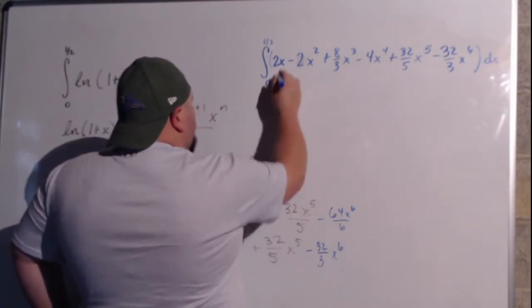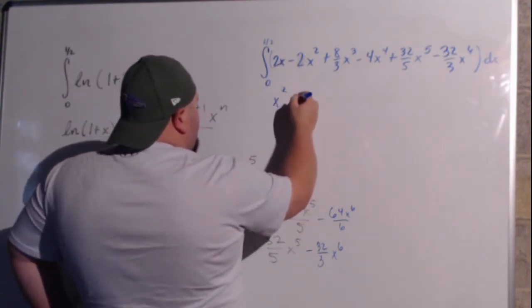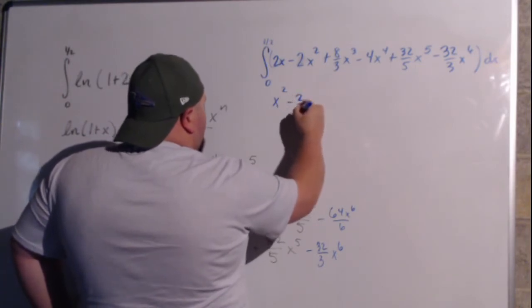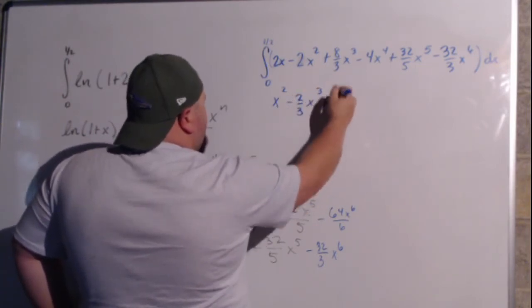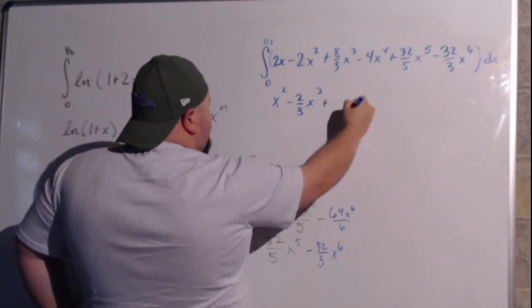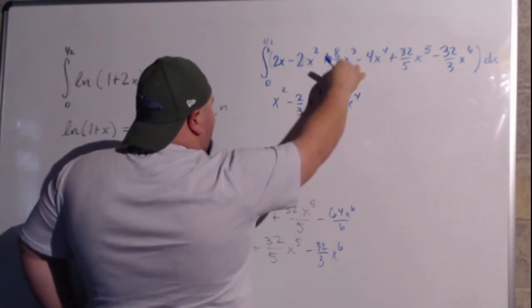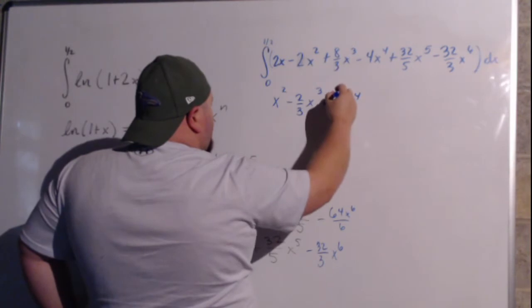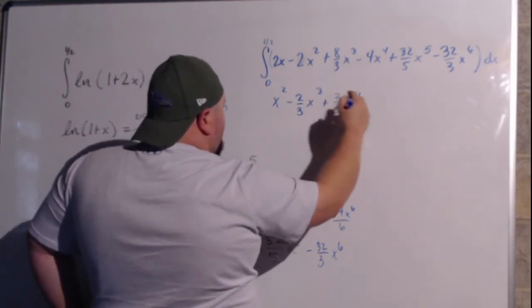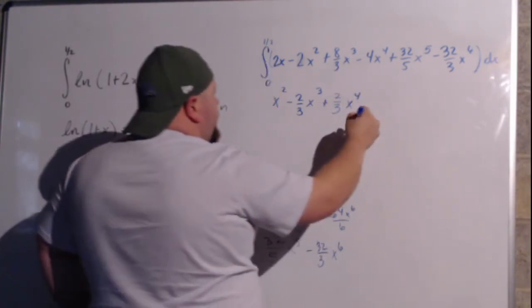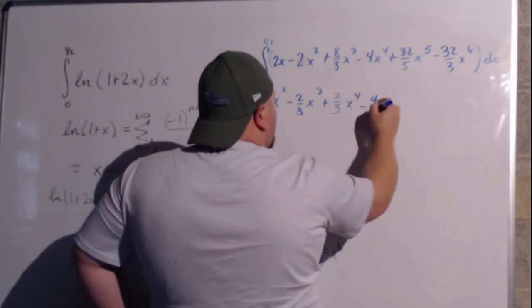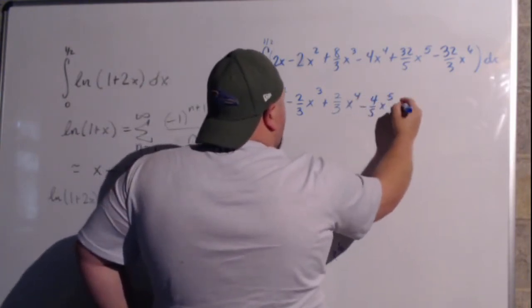So integrate. So this is going to become x squared, 2/3 x cubed. That would become x to the 4th. 8 divided by 4 is going to be 2. This is going to be 4/5 x to the 5th.